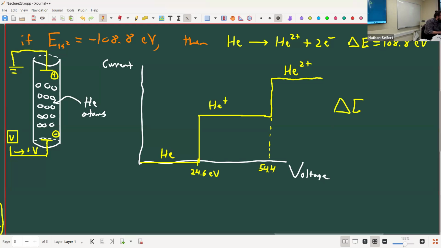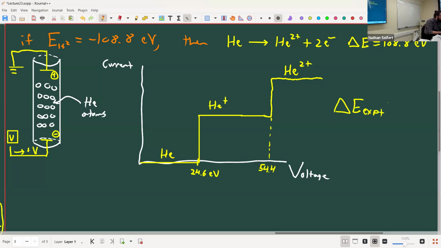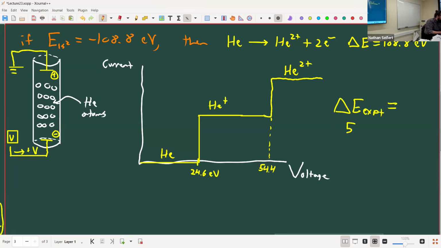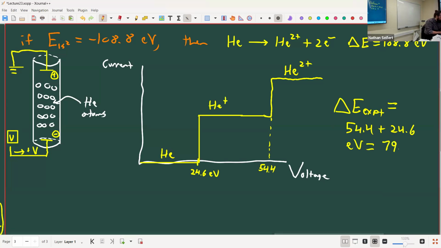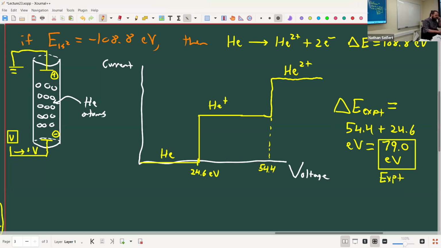So delta E experiment is 54.4 plus 24.6, which is 79.0 eV. So experimentally, the result is 79, but our prediction is 109.